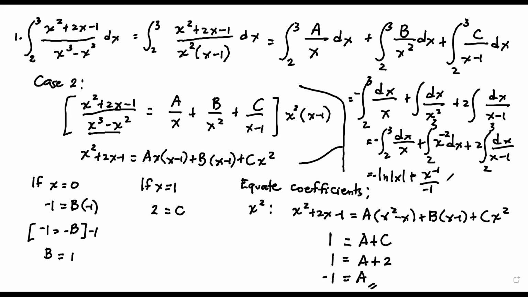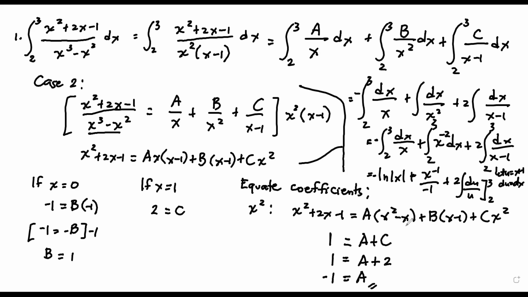So plus 2, you let u be equal to x minus 1 and the derivative of u is dx. Therefore, we have the form 2 integral of du over u, right? From 2 to 3.